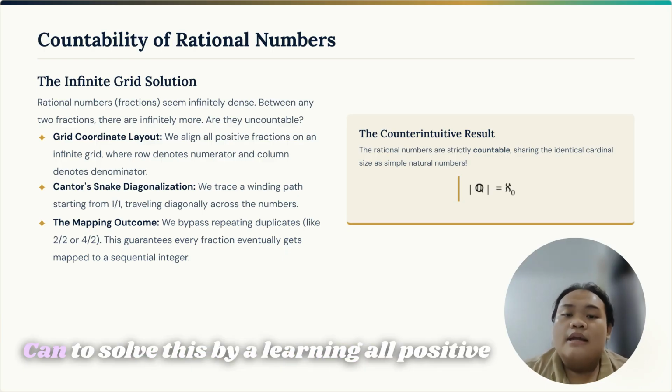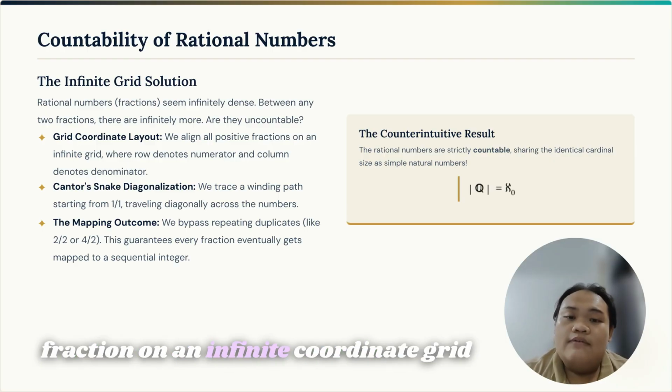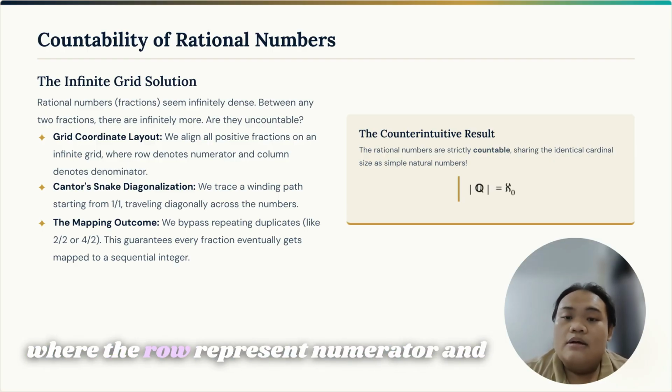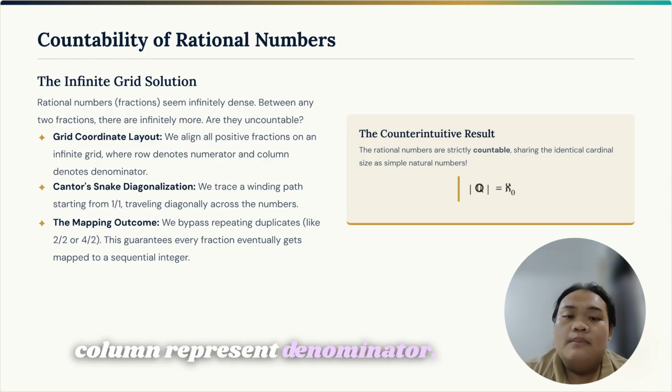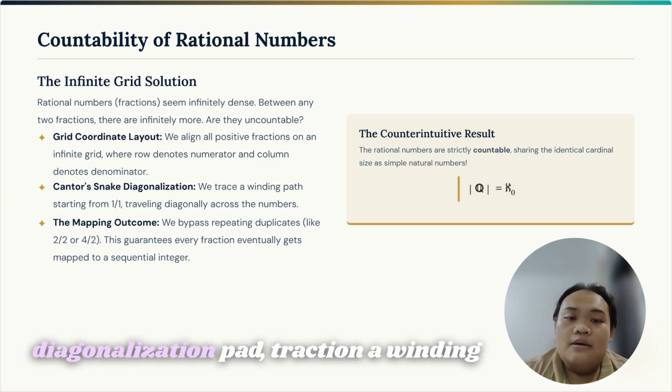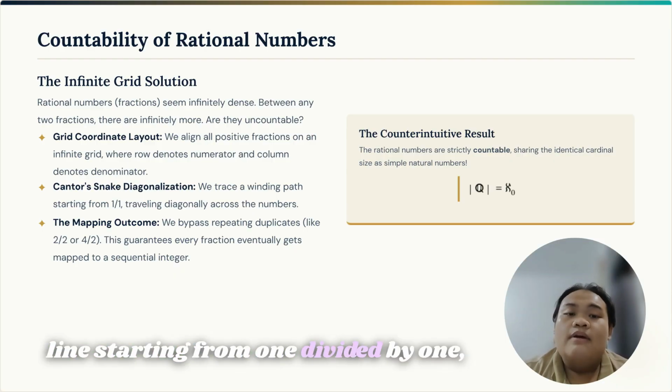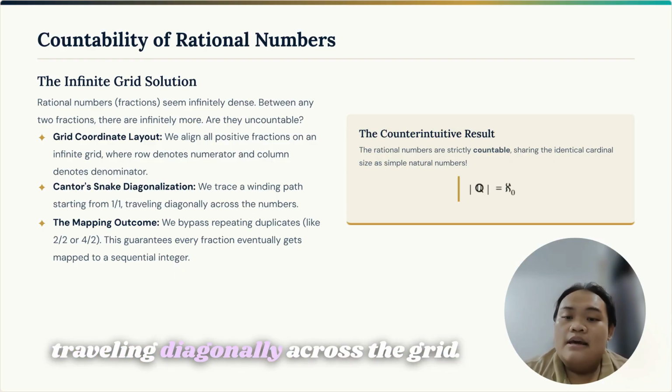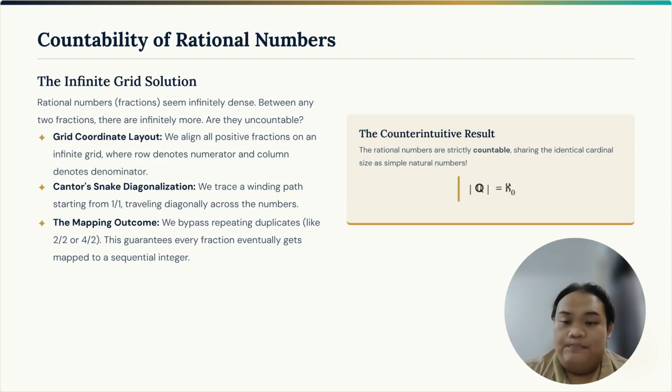Remarkably, no. Cantor solved this by arranging all positive fractions on an infinite coordinate grid where the row represents the numerator and the column represents the denominator. He then applied his famous snake diagonalization path, tracing a winding line starting from 1 divided by 1, traveling diagonally across the grid.